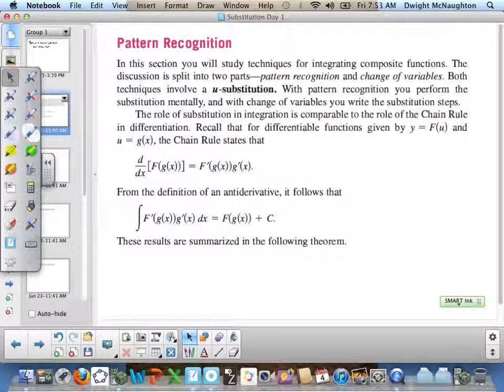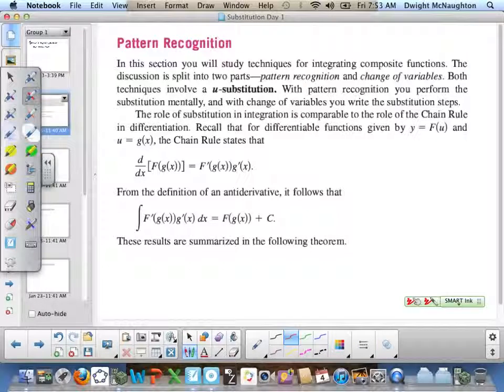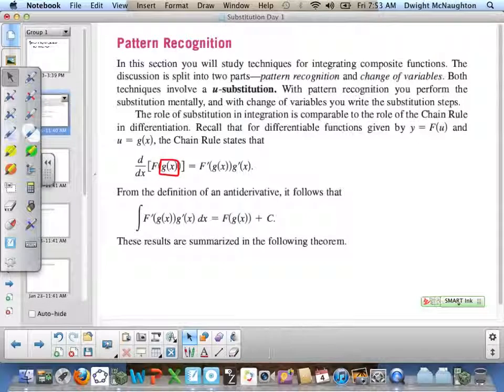For differentiation, we've done something called the chain rule, where we start with a function inside of a function, and we work the derivative. We take the derivative of the outside function, keep the inside function inside, and then we take the derivative of the inside function on the outside of that.